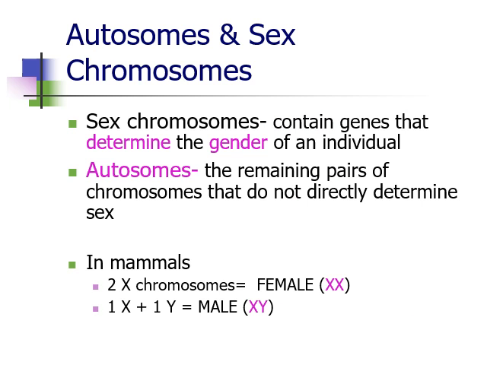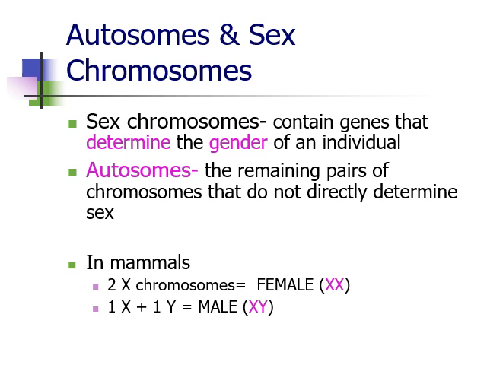So in general, the sex chromosomes contain the genes that determine the gender of an individual. So for example, in humans, we talked about females having 2 X chromosomes and a male having an X and Y chromosome. Those X and Y chromosomes are the sex chromosomes.